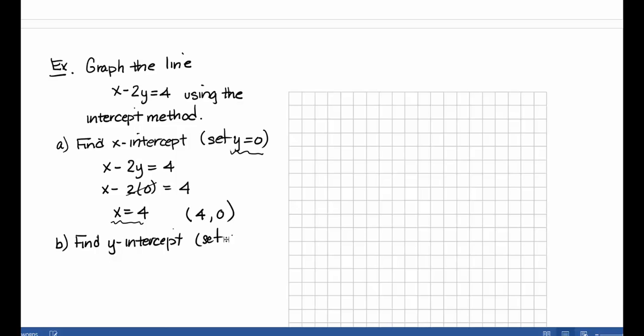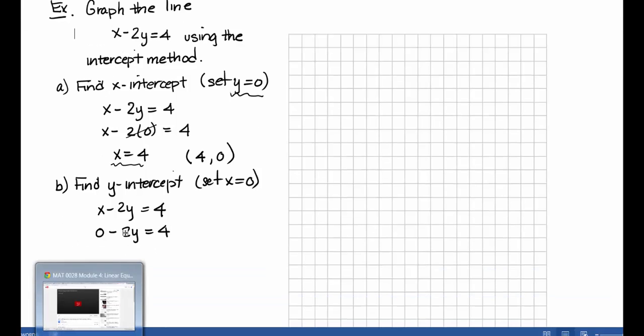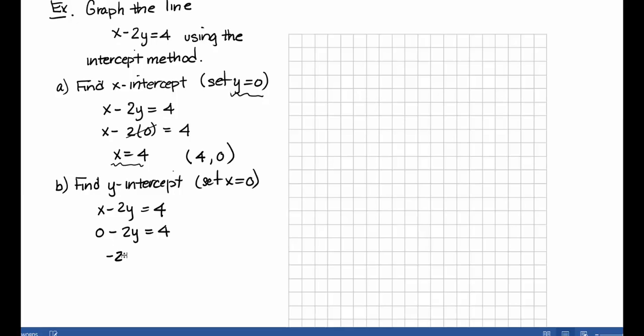And here I'm going to set x equal to 0. So given my x minus 2y equals 4, my original equation, I make x equal 0, minus 2y equals 4. So I get negative 2y equals 4. Divide both sides by negative 2, and I get y equals negative 2. So here I have x equals 0, y equals negative 2, so my point is (0, negative 2).